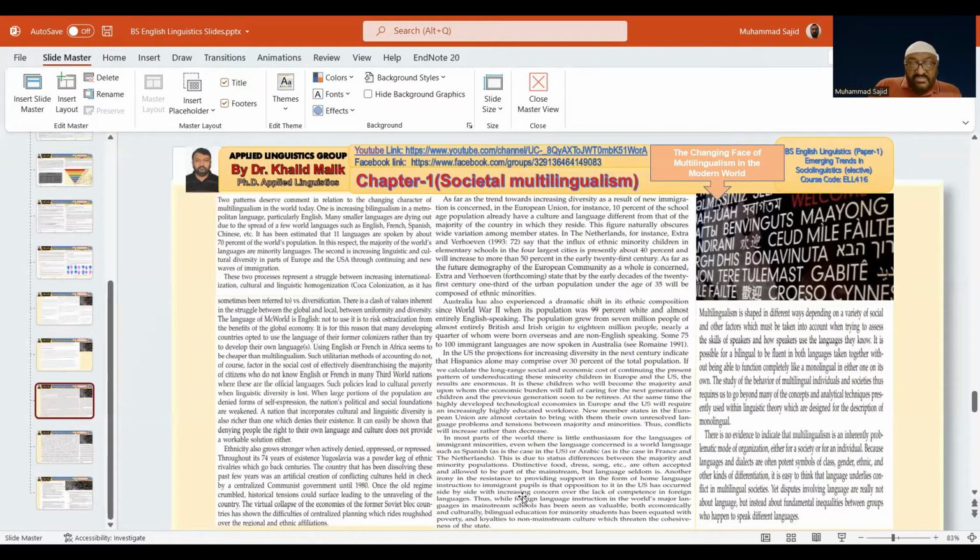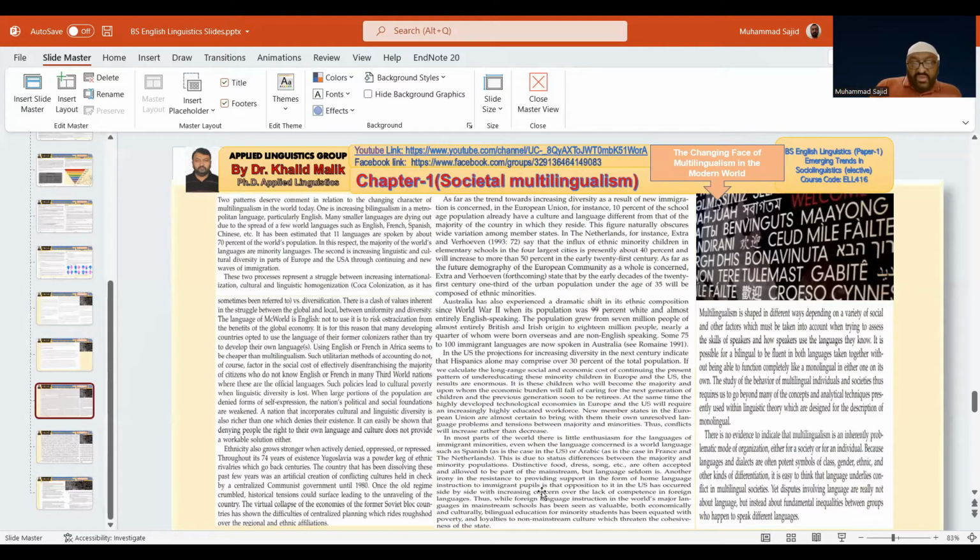Another instruction to immigrant pupils is that opposition to it in the US has risen side by side with increasing concern over the lack of competence in foreign languages.